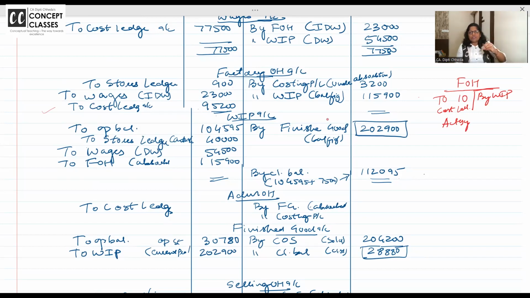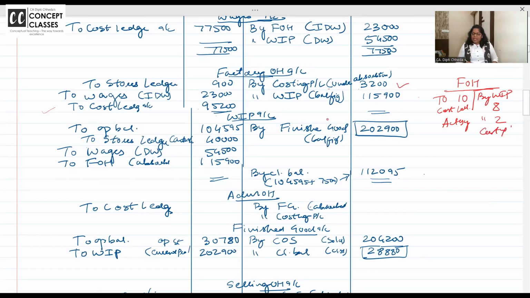Factory overhead is absorbed at 8 per unit, like that, so say 8 rupees. So is the 2 rupees under absorption? Either you can carry it forward, if opening is carried forward, or can I transfer it to costing P&L account? That's what they have done.